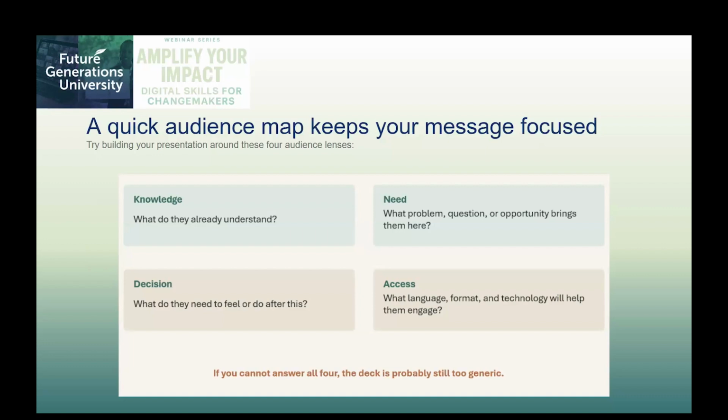I recommend you starting here, because if you cannot answer all 4, then your message is probably too generic. So what does your audience need to understand is in the knowledge box. What is the need? So what problem, question, opportunity, what solution brings them here?